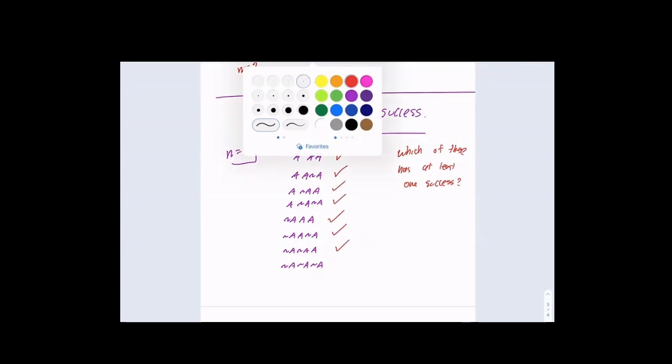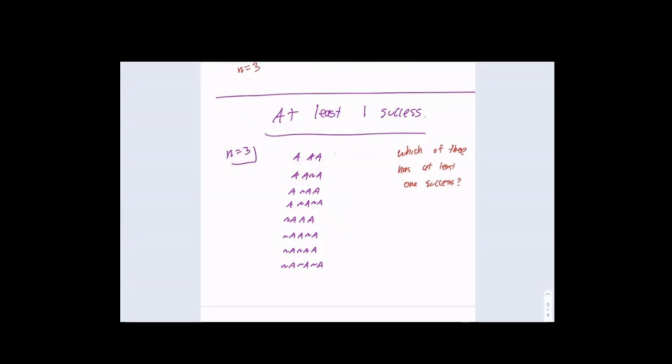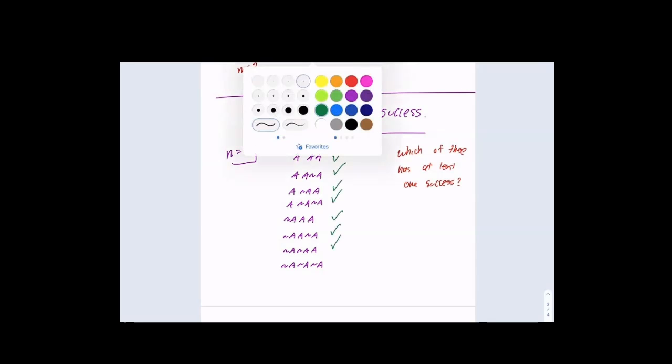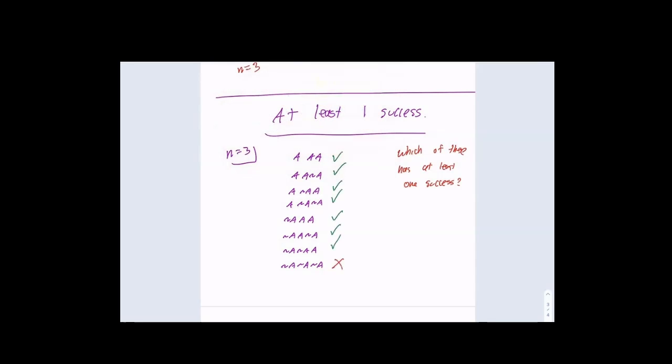And actually, for the notes, I'm going to change the color on here. This instance has all failures, no successes.